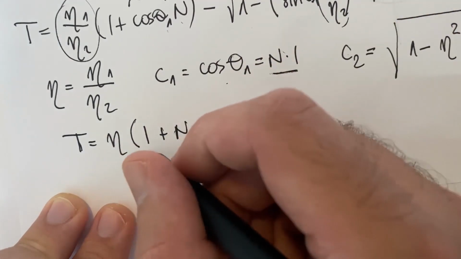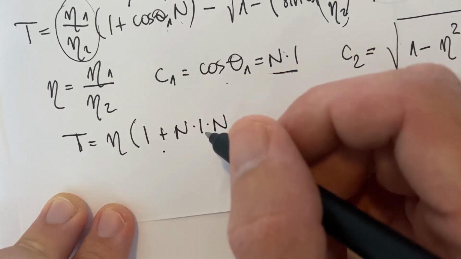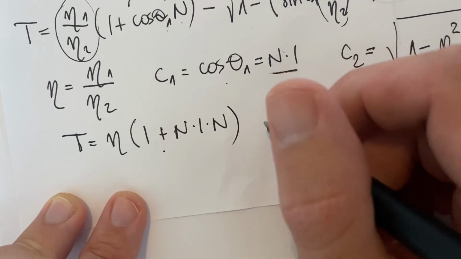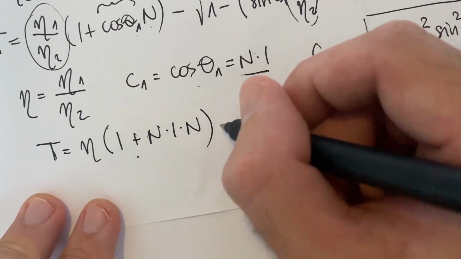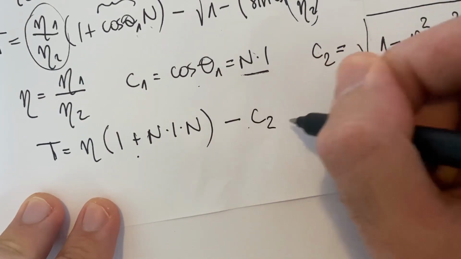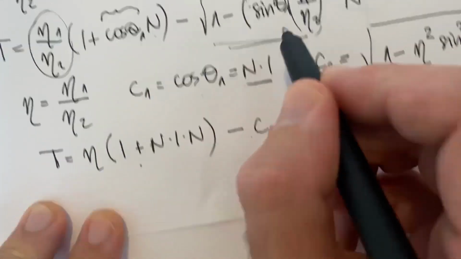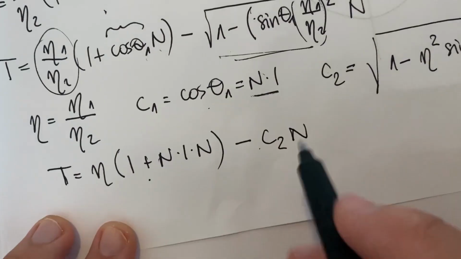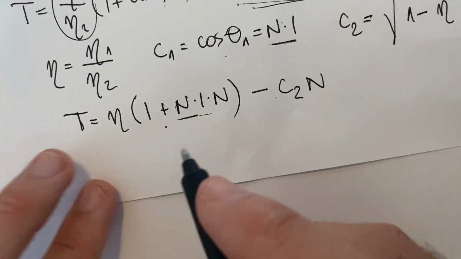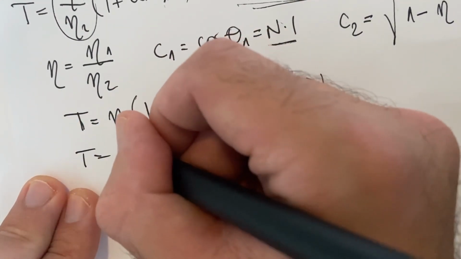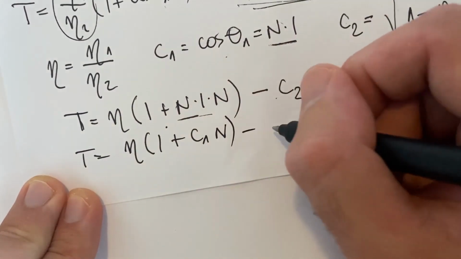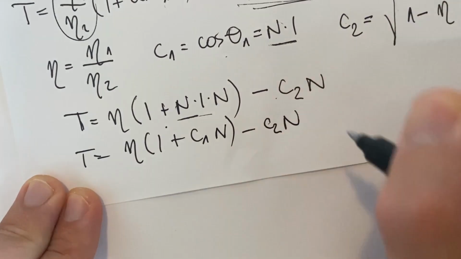Okay, I plus, just checking if I did something stupid, minus C2n. So we just replaced all of this with C2 and now it's C2n. We could have used C1 here, I should have done that, sorry. So we do eta I plus C1n minus C2n.